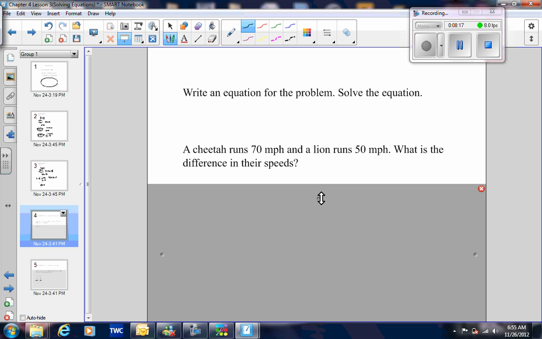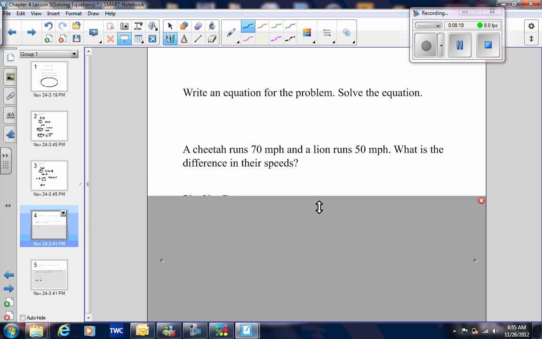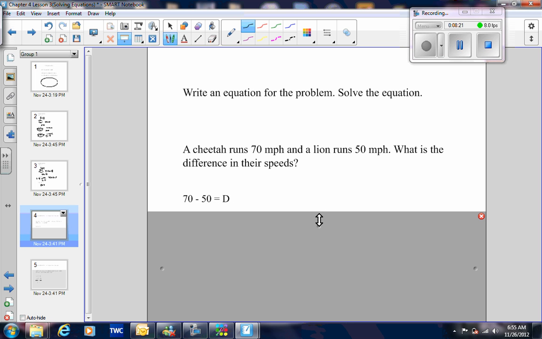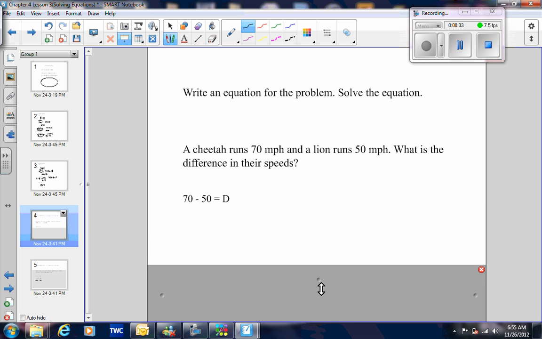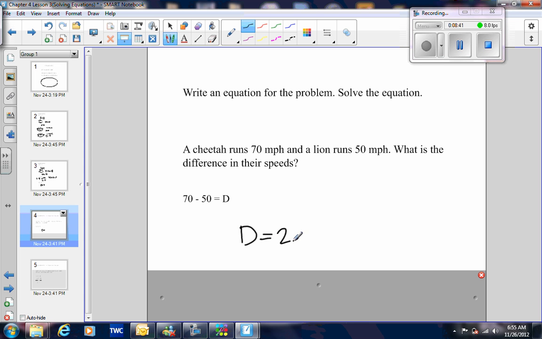So you have to set up an equation for that. 70 minus 50. See that word difference? That was one of our clue words we had talked about in the previous lesson. So that's a difference, we're going to be subtracting. So the D is difference and it's all by itself right now. So we can just simply perform the operation. 70 minus 50 is 20. So D is equal to 20.